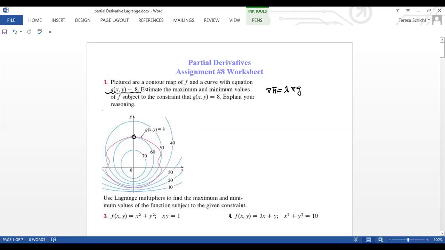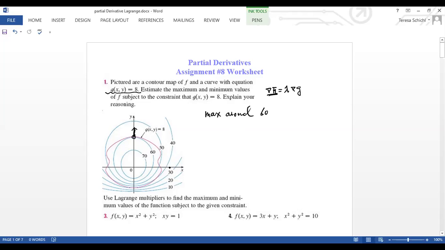Because these are gradient vectors, the gradient vector of f goes this way, the same as the gradient vector of g. So I know this level curve probably will be the one for the maximum. The max is going to be around 60.